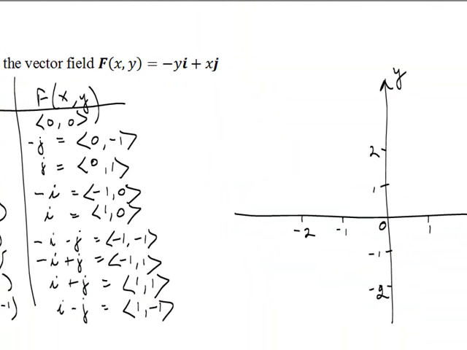So at 0, 0, you draw the vector 0, so there's no vector here, it's just a point. At negative 1, 0, you have the vector 0, 1. So draw the vector 0, 1. Sorry, at 1, 0, now draw the vector 0, 1.